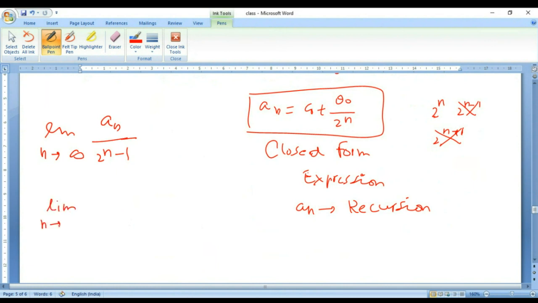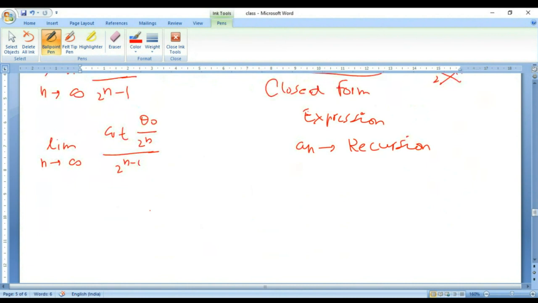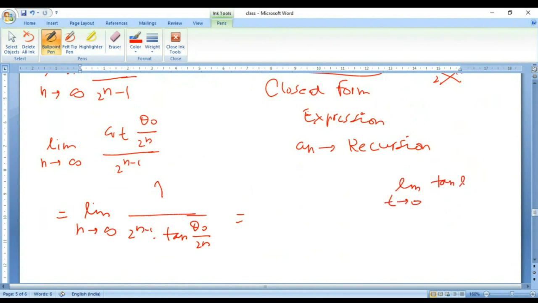So limit n tends to infinity, an is cot of theta naught over 2 to the power n, upon 2 to the power n minus 1. I want to change cot to tan, and so I'll write the limit as 2 to the power n minus 1 times tan of theta naught over 2 to the power n. And then I can adjust the terms because I again know the limit as t tends to 0, just like sine, tan of t over t also equals 1.